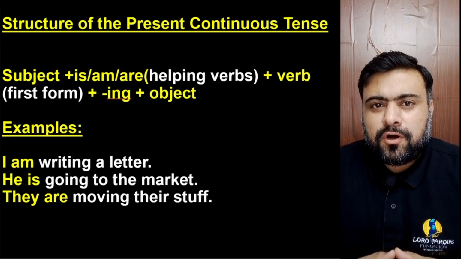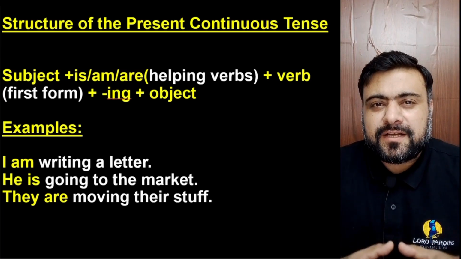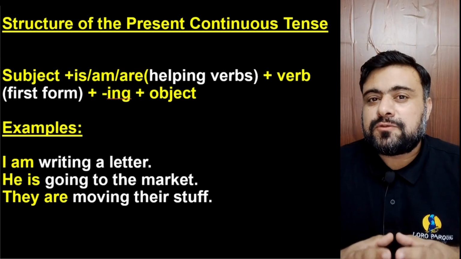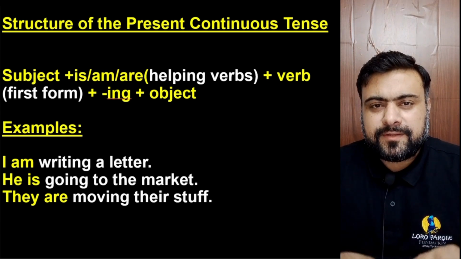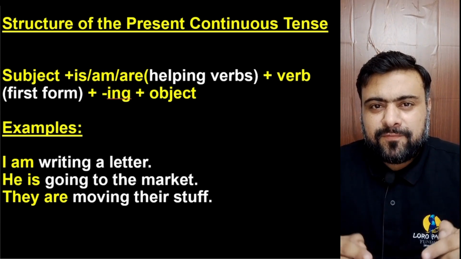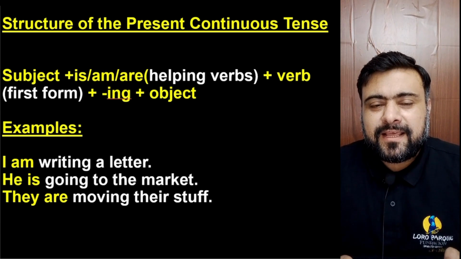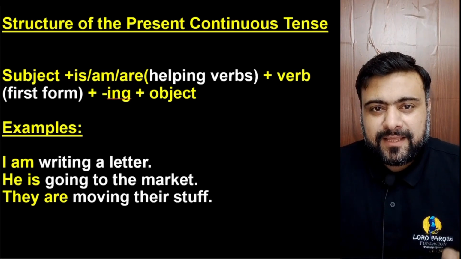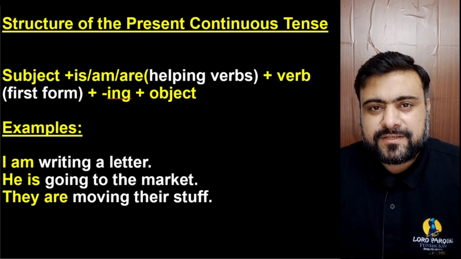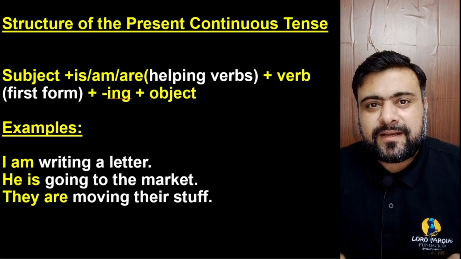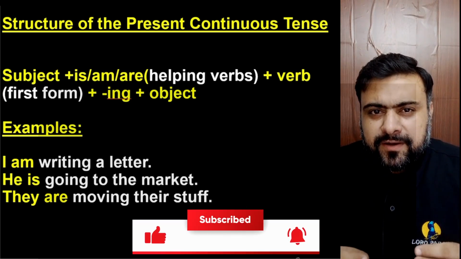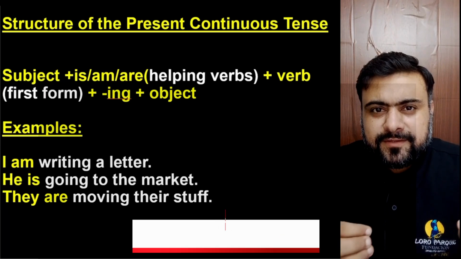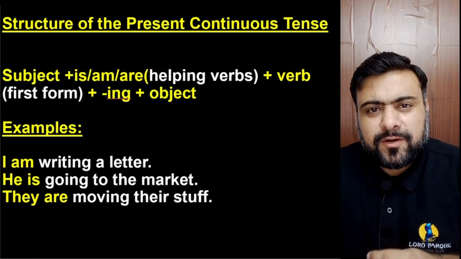As we mentioned earlier in the previous video, the core, basic, standard format of a sentence in the English language is that the subject comes first, after that the verb, and after that the object. And all the other structures are made from this very core structure: subject, verb, and object.